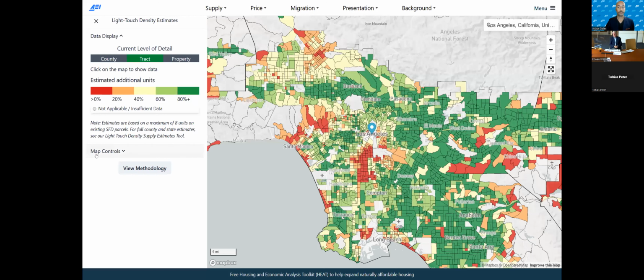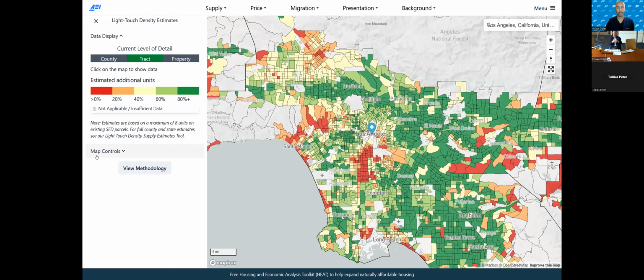Some 75,000 units got built from 2000 to 2020 or so. About half or more of those were townhouses and other light touch density types. The rest were apartment buildings. And so again, you get this, we call unleashing the swarm when you put an appropriate policy in place.